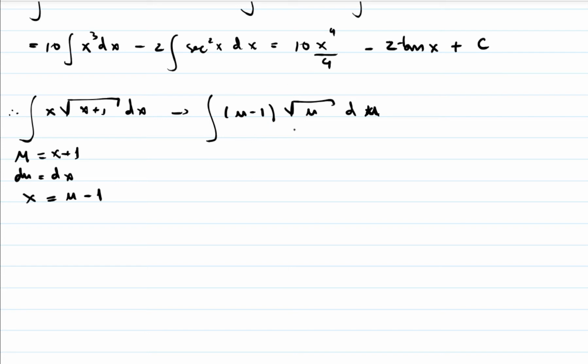Now, one thing we know is that whenever we have square root of u, it's always u raised to 1 divided by 2. So if we have u minus 1, times u raised to 1 divided by 2 du, which is equal to, now we can take this and multiply inside.